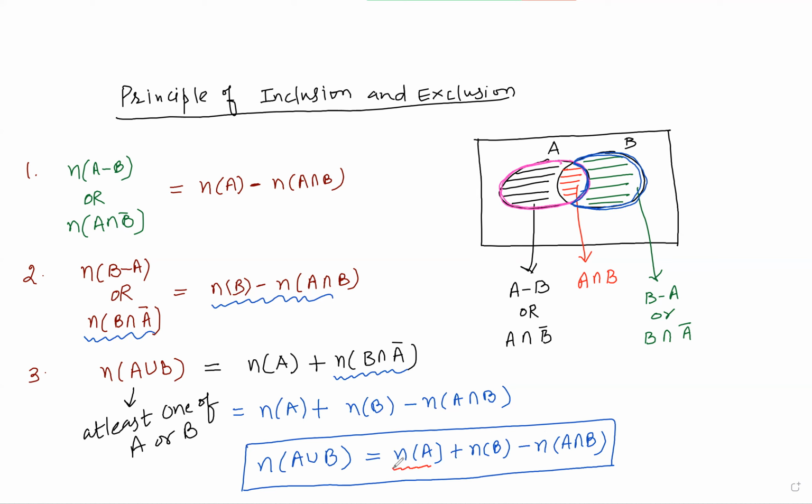Here we have added numbers in A with the numbers in B. Means A and B have been included, whereas we have excluded this intersection. That's why we name it as principle of inclusion and exclusion, right? Now, how is this principle applicable to the problems relating to set theory?